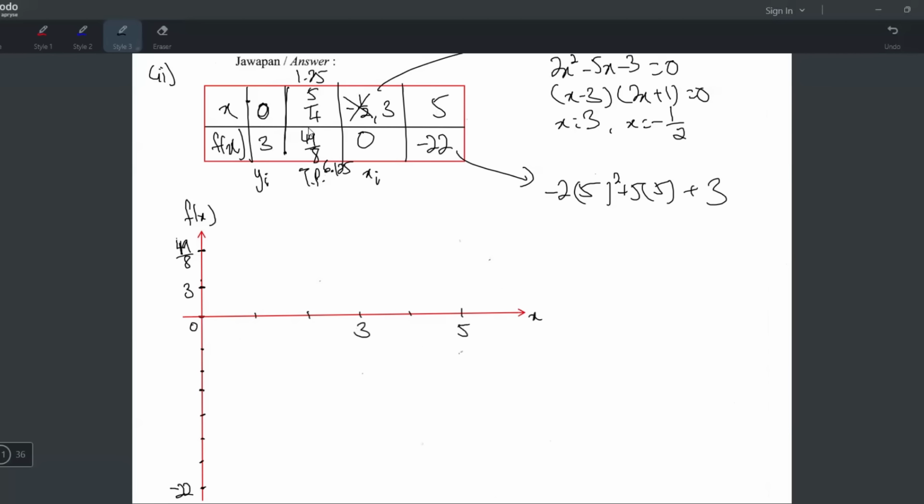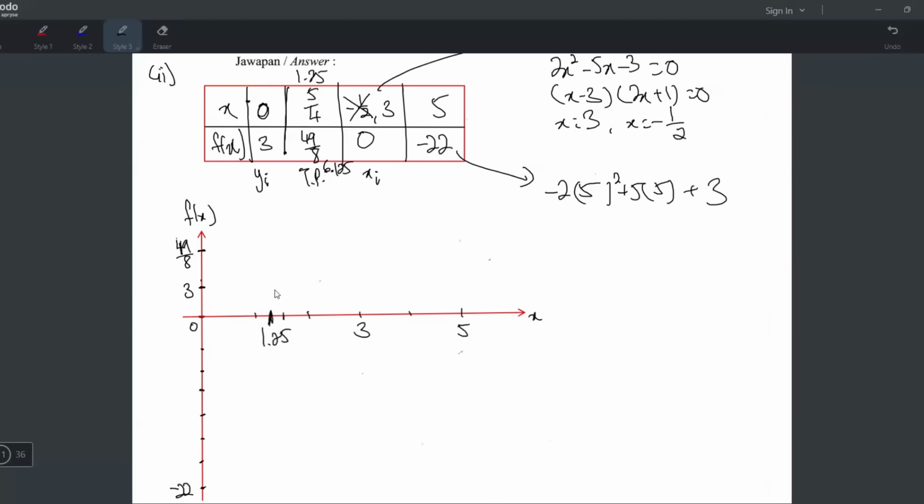Because it's a sketch question, you don't have to draw the exact scale. But it's still recommended to make sure the distances are balanced, otherwise your graph will look very weird. If 1 and 2 are here, 1.25 must be a bit after 1, so this one is 1.25.